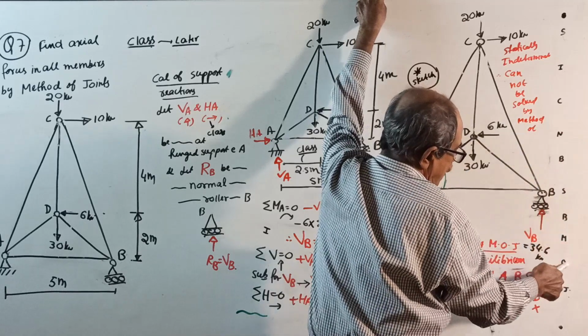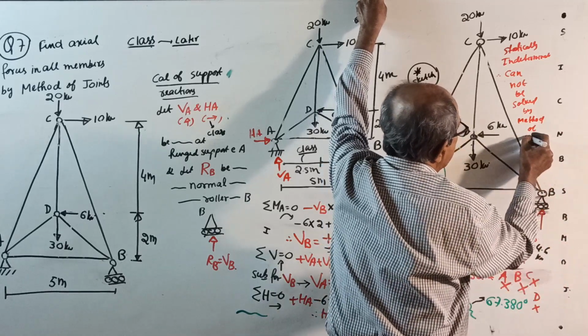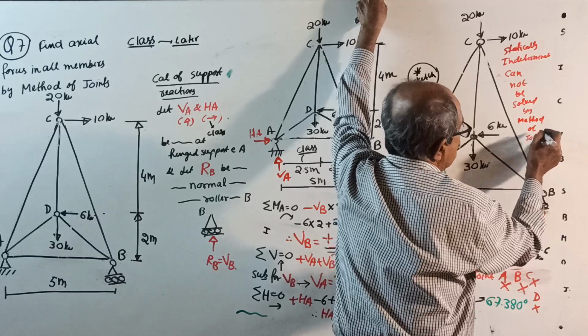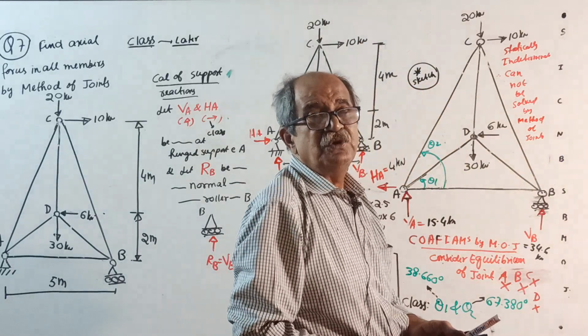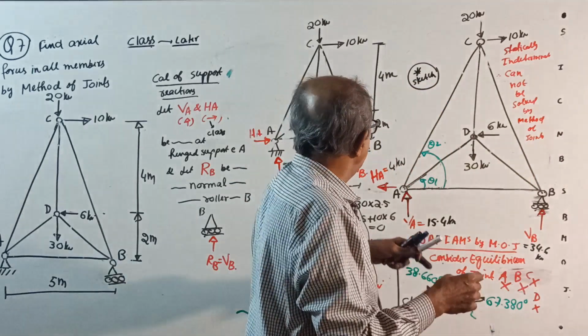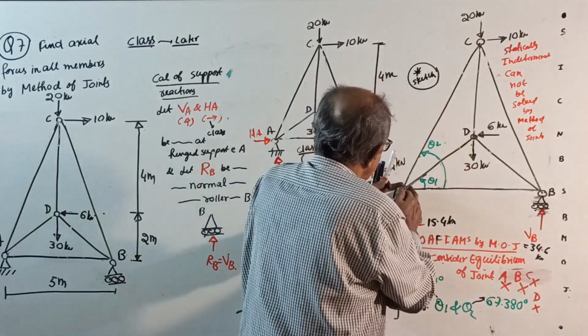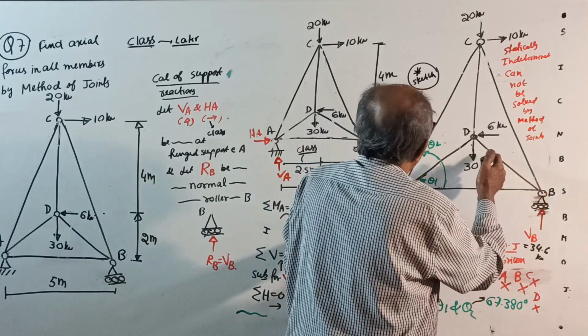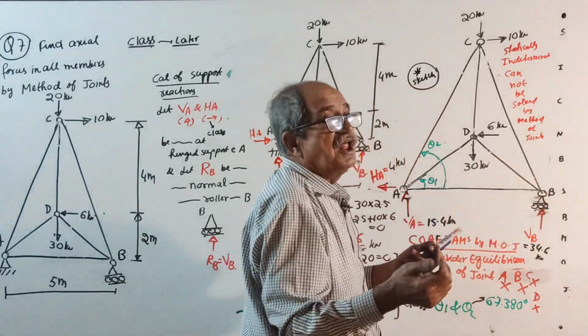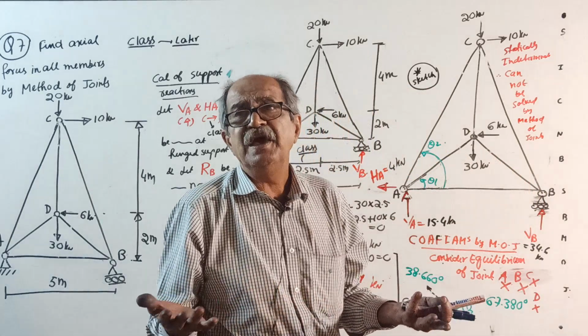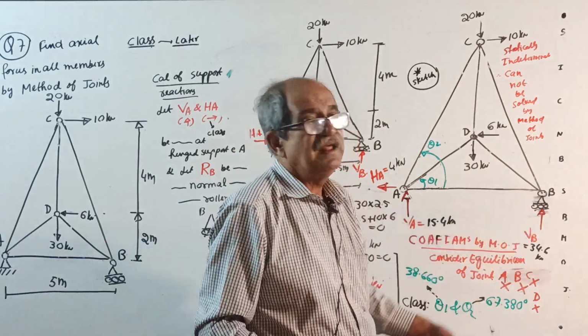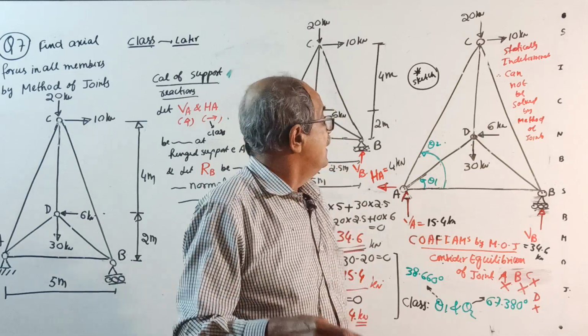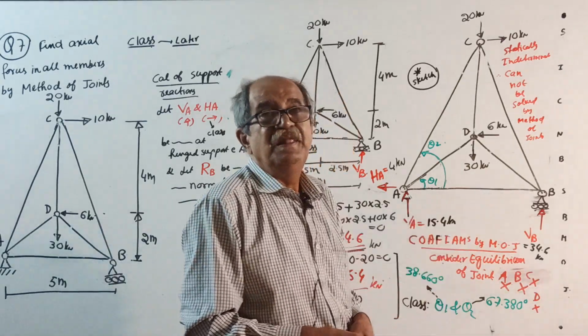See, by method of joints. So, all the joints I am showing, what to do? Here 3, here 3, everywhere 3. Where shall I start? Nowhere I can start. It is indeterminate. I will discuss about this one a little later.